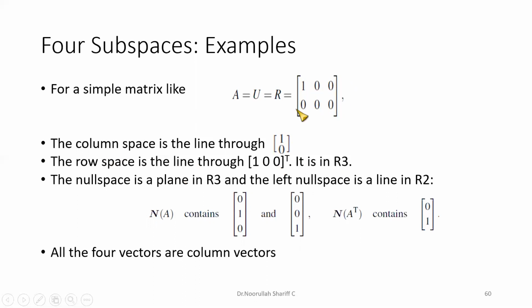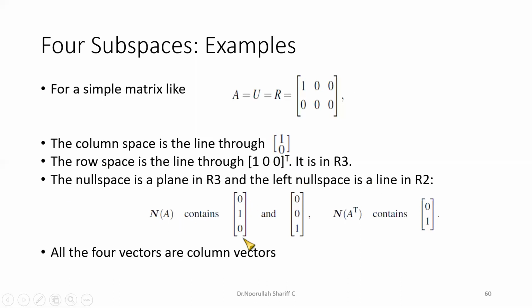The 0, 0, 0 row does not contribute anything because it is a zero vector. This 1, 0, 0, transposed, gives us the row space. The null space is a plane in R^3, and the left null space is a line in R^2.